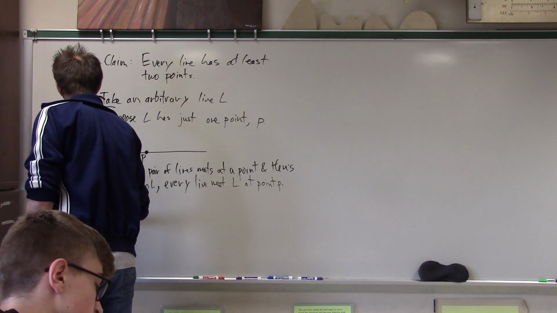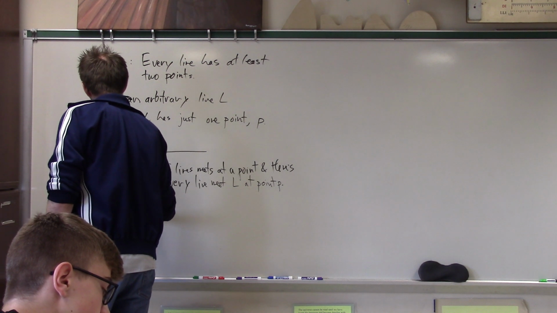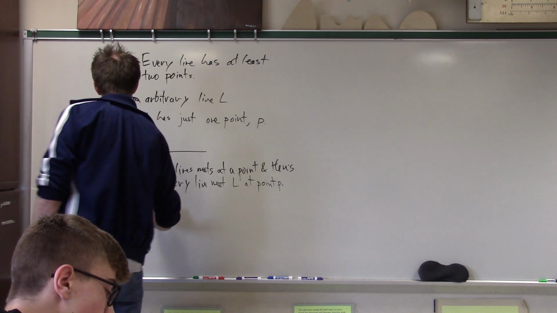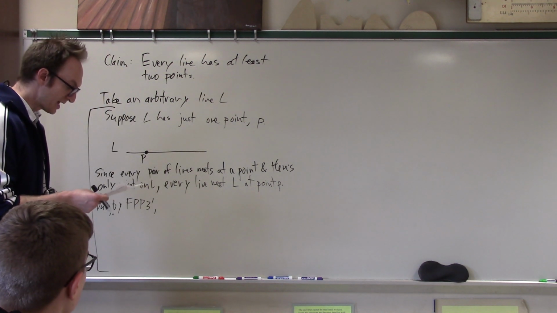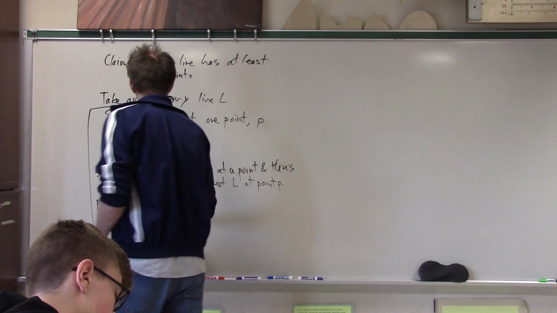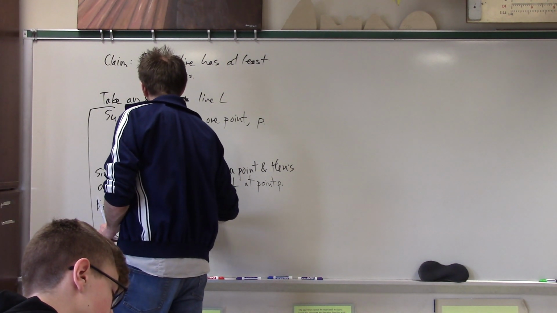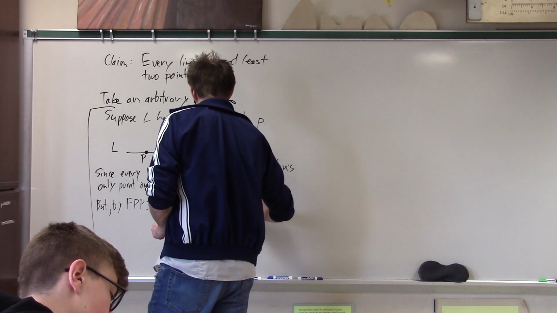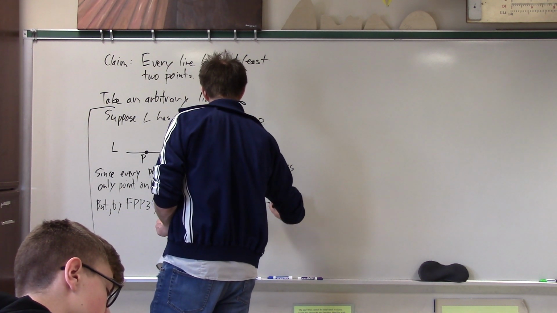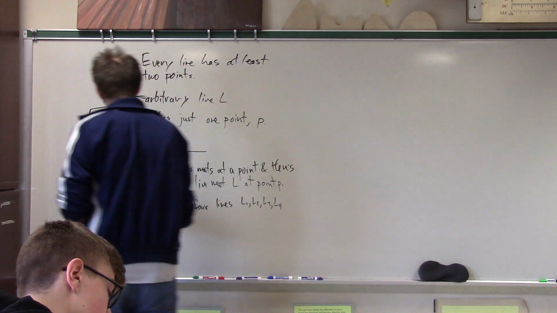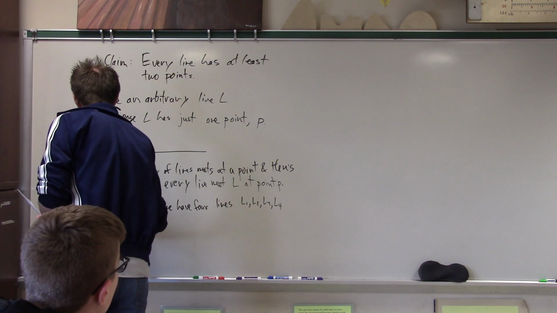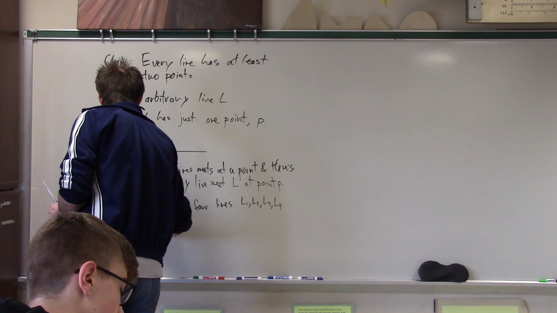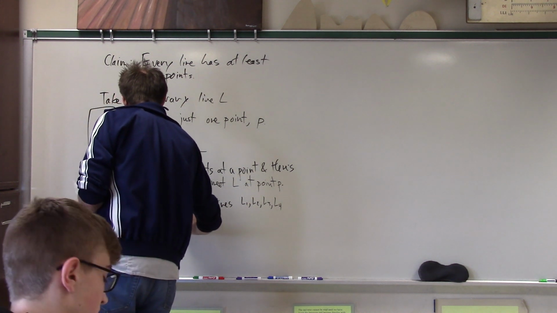So now, by FTP3 prime, we have 4 lines, L1, L2, L3, and L4, no 3 of which meet at a point.